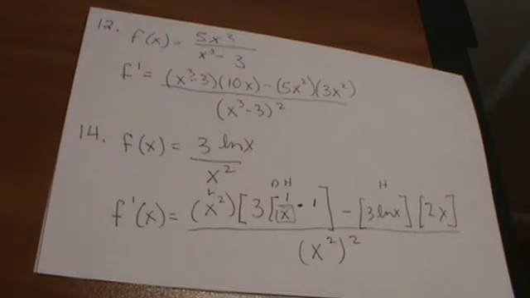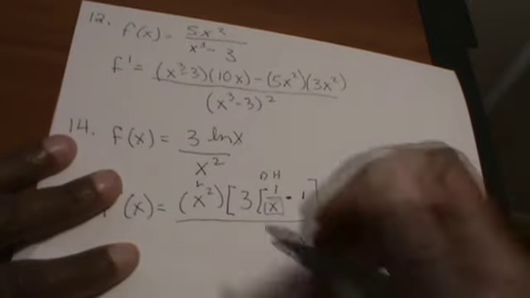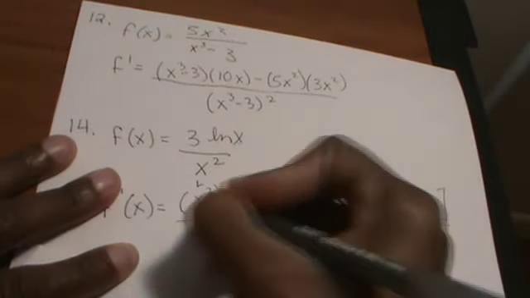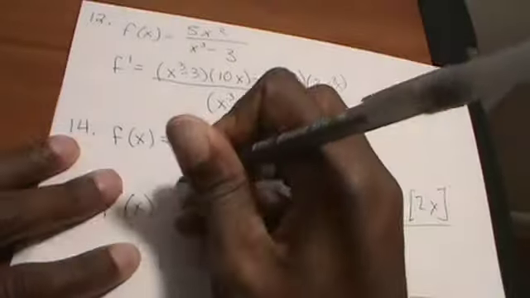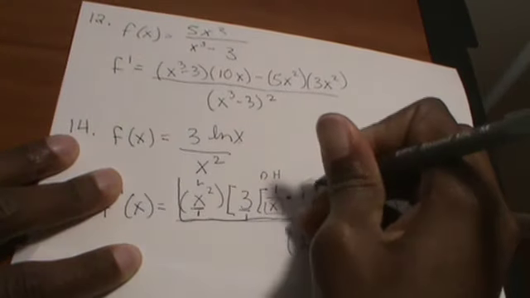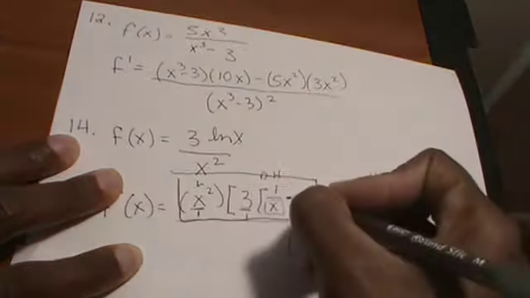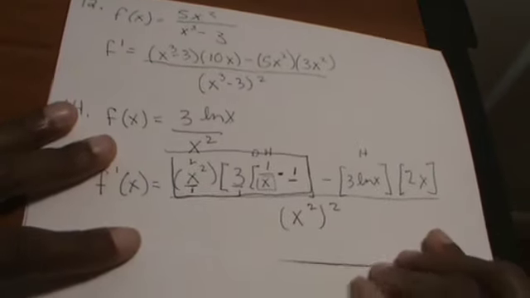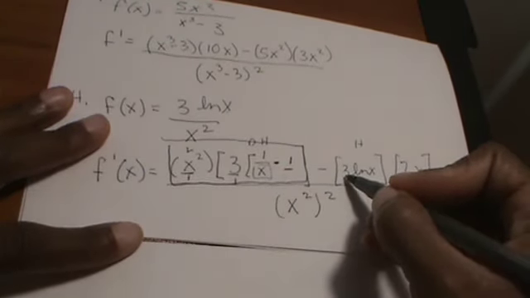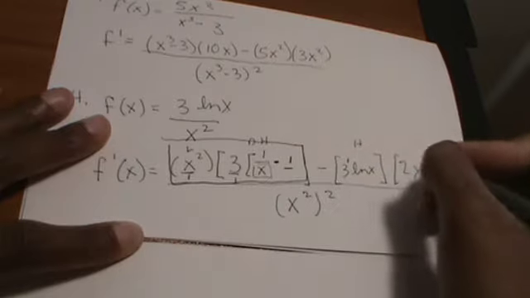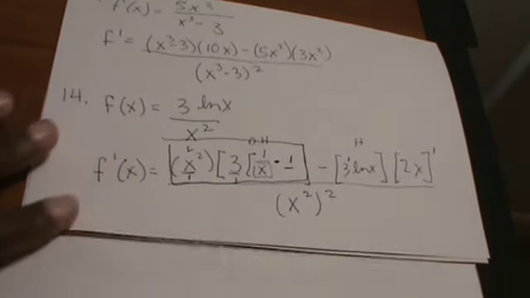Okay, so let's simplify this just one step and then I'll let you guys finish the rest of it. Let's see, I'm going to put this x squared over 1. I'll put the 3 over 1. And what I'm going to do is combine all of this right here, and that'll be my primary focus in this next step. And then of course I can multiply this 3, that's to the first power, times this 2x, that's to the first power.